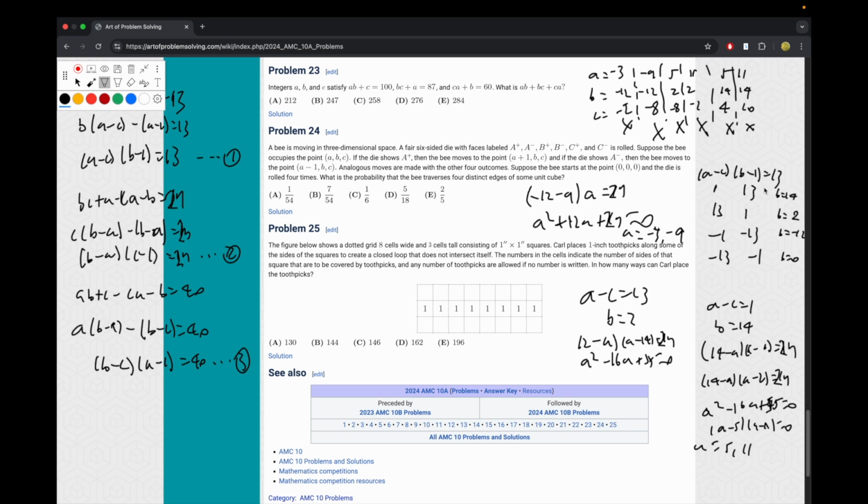A minus B equals B equals 14. These are correct. I'm not sure where we're getting our errors, but I think we need to check them again. 14 minus A minus C minus 1 equals 27. And what is C? C minus 1 is equal to a minus 2, so this is also true.